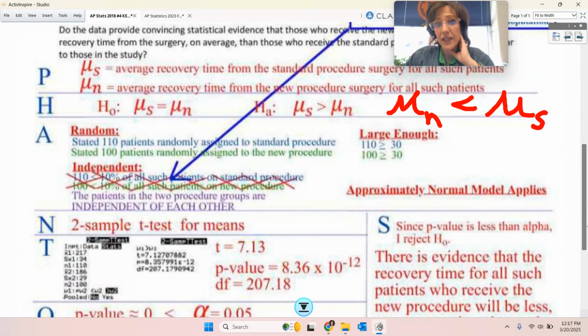All right, so first of all, then the assumptions. Again, we did not have random selection. These were volunteers. But it is an experiment. So remember, if we have an experiment, then we have to randomly assign to the treatments. So we had 110 patients randomly assigned to the standard and 100 patients randomly assigned to the new.